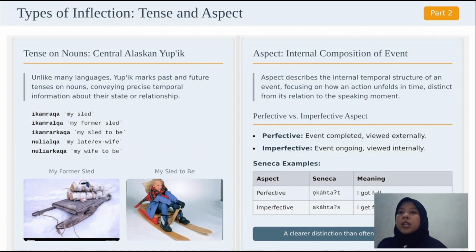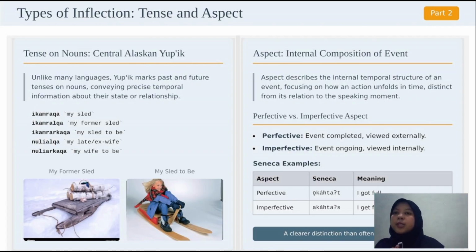The suffix -rkaqa shows future tense, referring to someone who will become my wife. So this shows that Yup'ik uses inflectional change on nouns to mark time, not only on verbs.